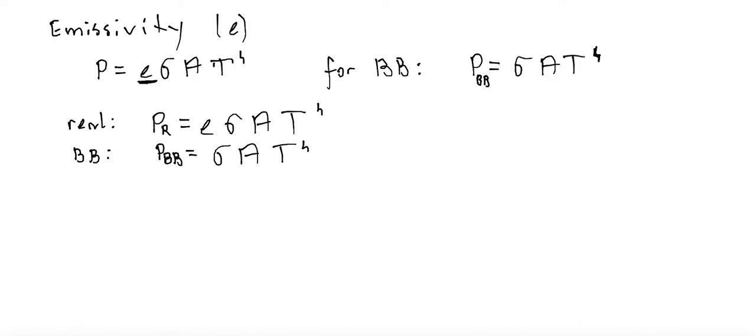Okay, so if these two objects have the same surface area and the same temperature, then there is only one difference between the powers: emissivity. You see this? So we can write that the power of the real object is emissivity times the power emitted by a black body of the same surface area and the same temperature, or we can write this in the form of power emitted by the real object to power emitted by the black body.